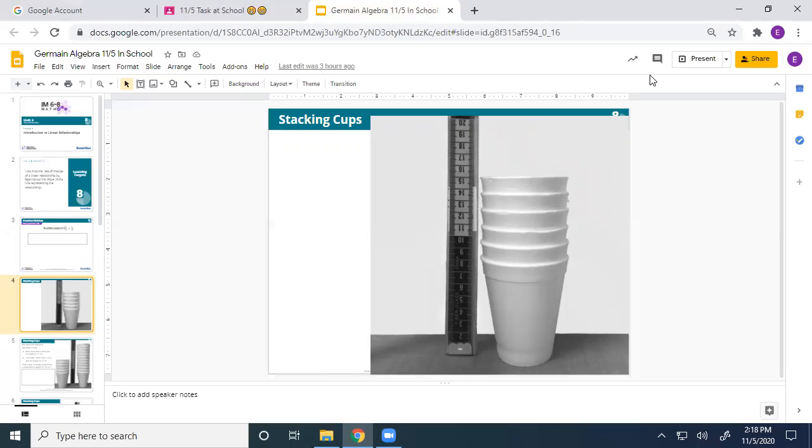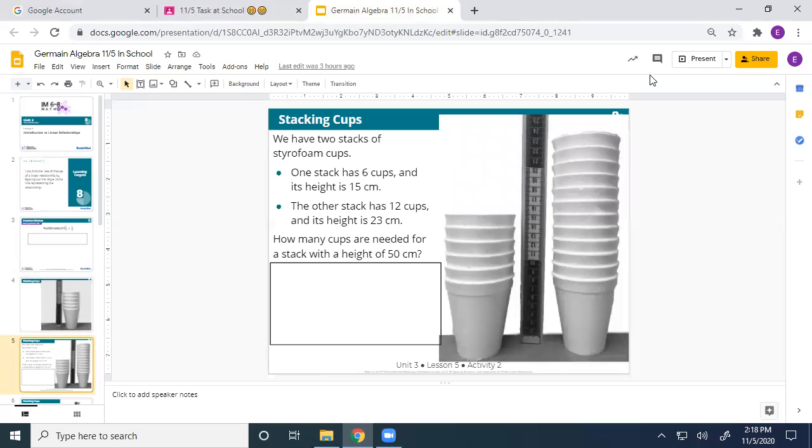If we look at this stack in your textbook, let's look at the different heights. One stack has 6 cups in a height of 15 centimeters, and the other stack has 12 cups and is 23 centimeters tall. Did everybody get that?